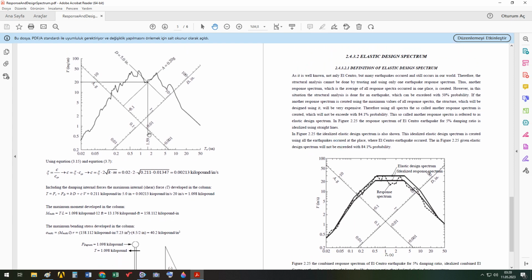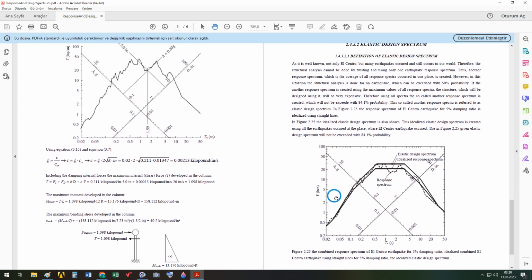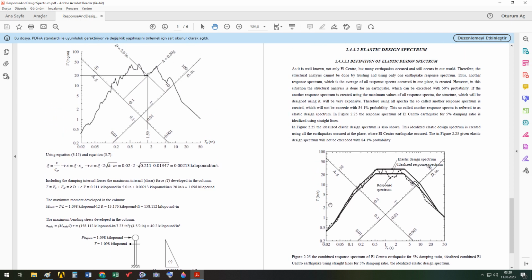Okay, now the response spectrum and how to use the response spectrum is explained. Now I will explain the elastic design spectrum. Very brief explanation, it's very easy to understand. As it is well known, not only El Centro, but many earthquakes occurred and still occur in our world.